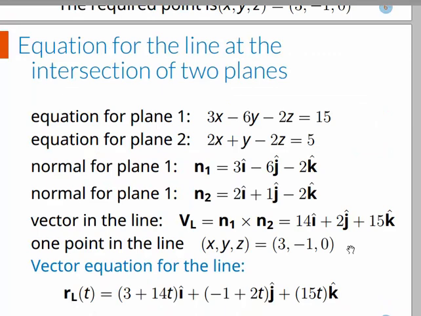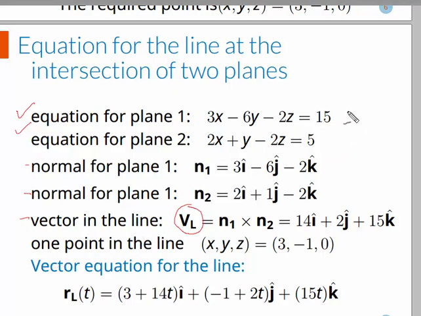So now let's put everything together and write the vector equation for the line that lies in the intersection between these 2 planes. So we started off with an equation for plane 1, equation for plane 2. From that we could read off the normals for both, take their cross product, and get a vector, this VL, that lies in the line.